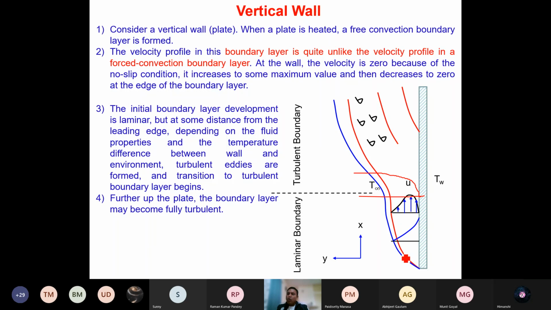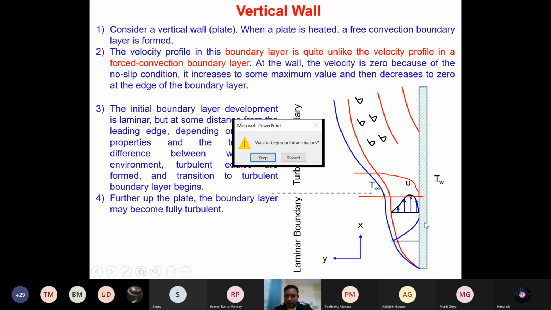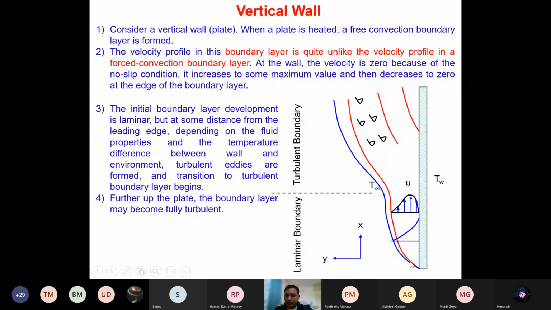At the start, from the leading edge, initially the movement of the fluid will be in a laminar region, isn't it?